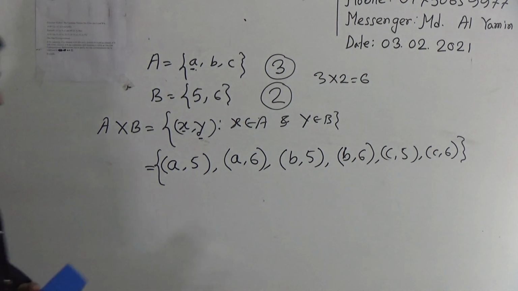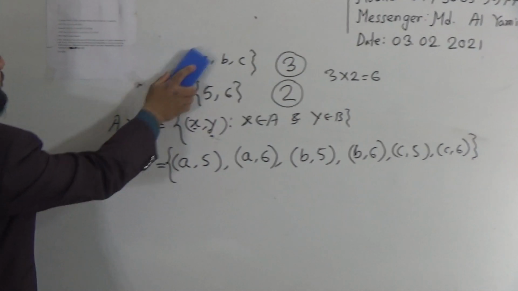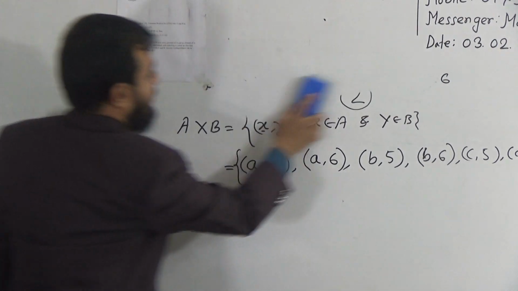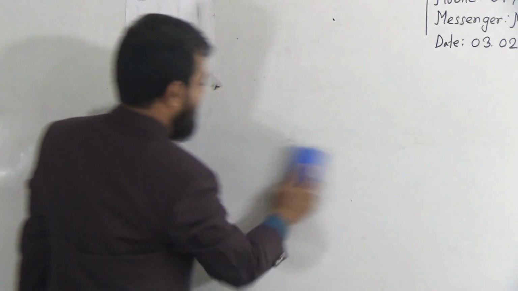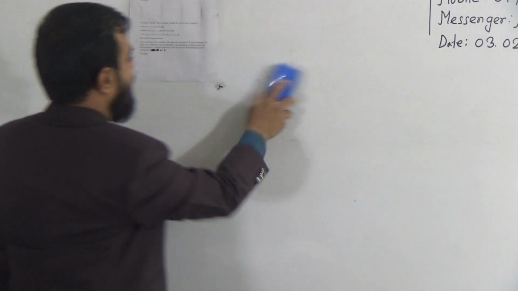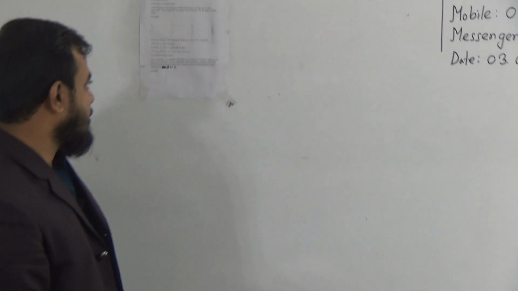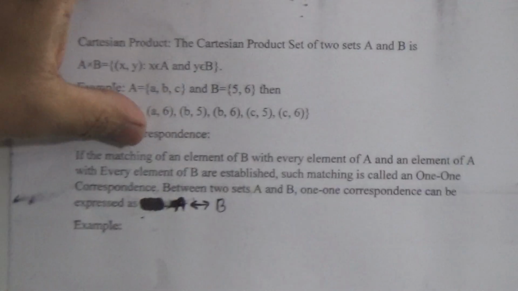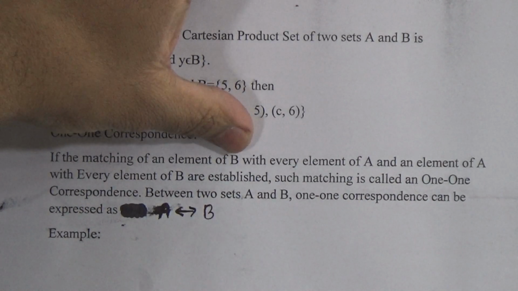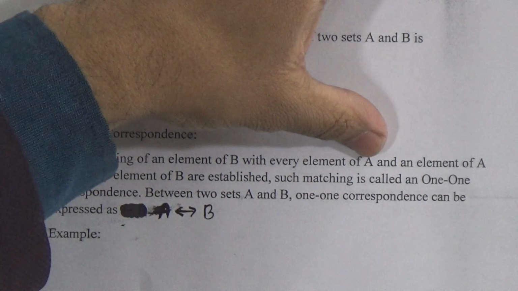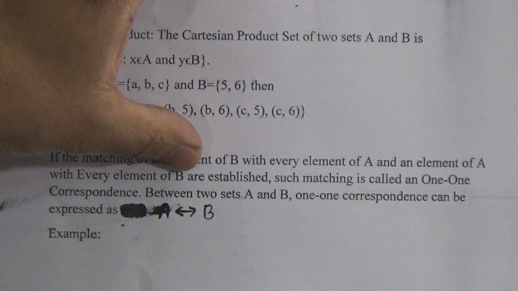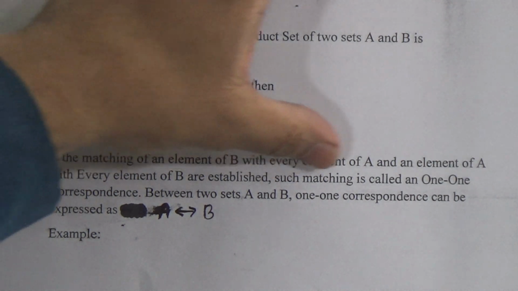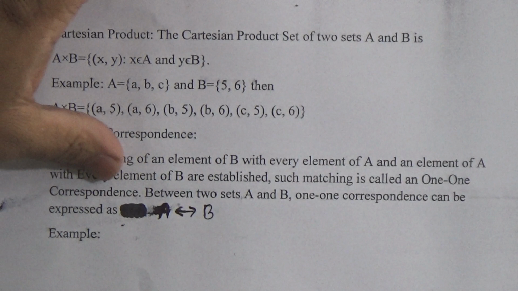Now, the last topic of today is one-one correspondence. One-one correspondence is very easy. It's an operation. Look, the definition is: if the matching of an element of B with every element of A, and an element of A with every element of B, are established, such matching is called a one-one correspondence.